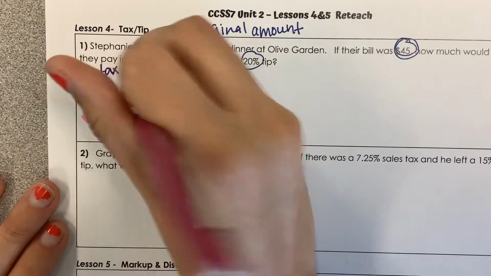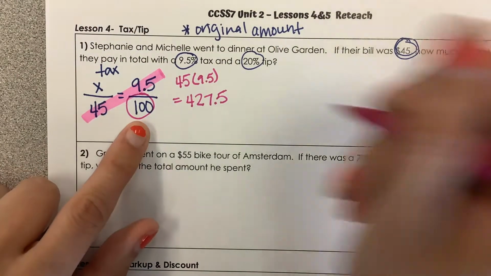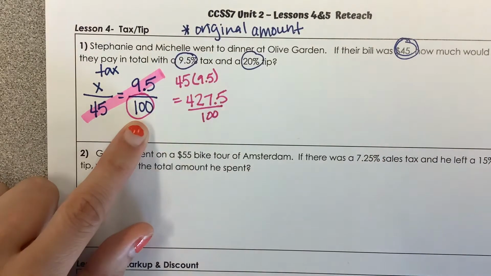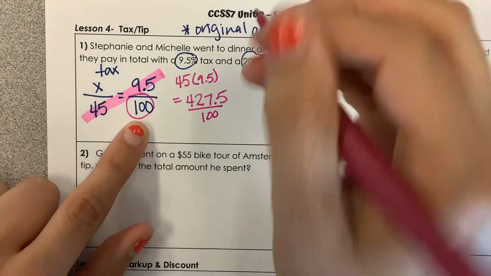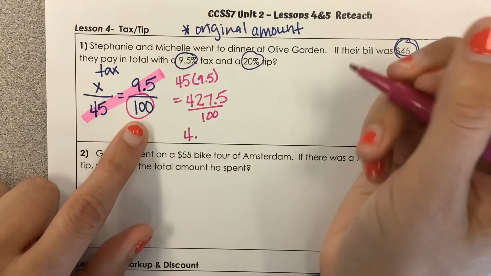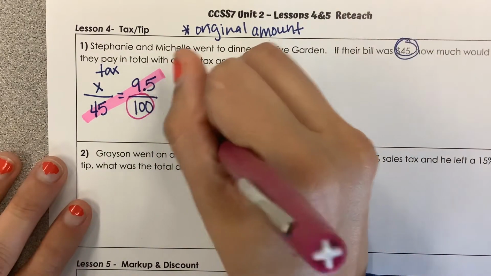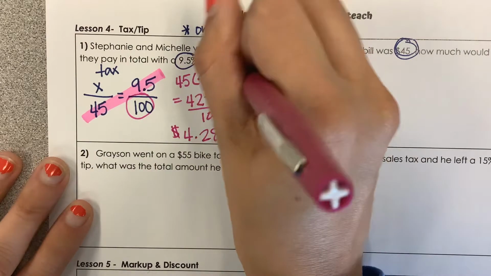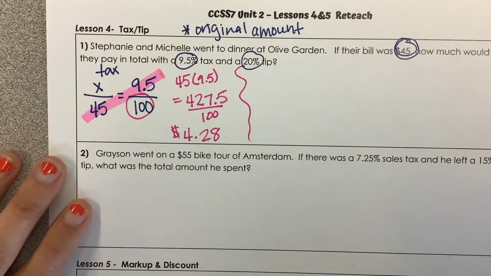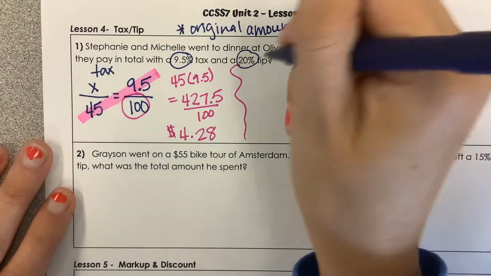And we're going to divide by the number in the same diagonal as the variable. So dividing this by 100, and you get 4.275, which I'm going to round to $4.28 for our tax.